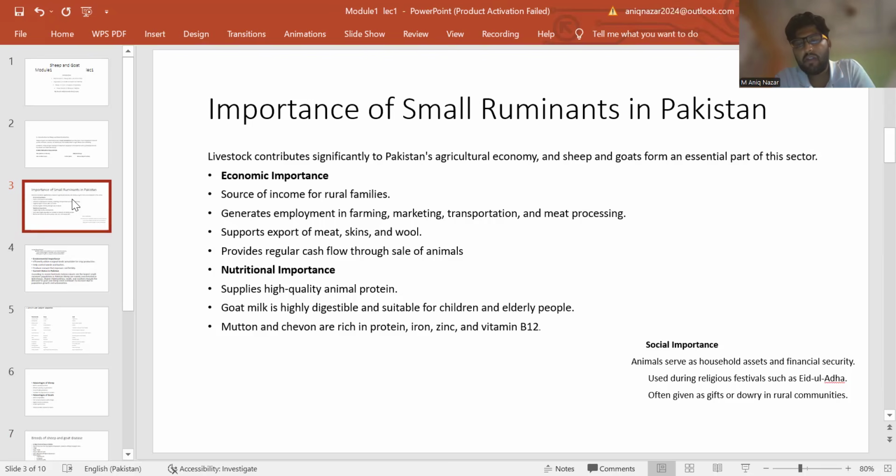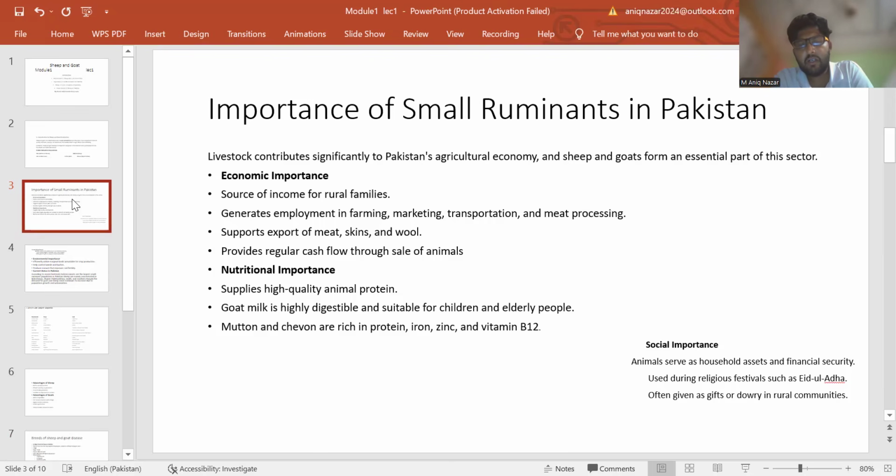They work on farms, in marketing, in transportation from one area to another, as well as in slaughterhouses and meat processing. Similarly, their meat, skin, and wool are transferred from one country to another, like from Pakistan to China.